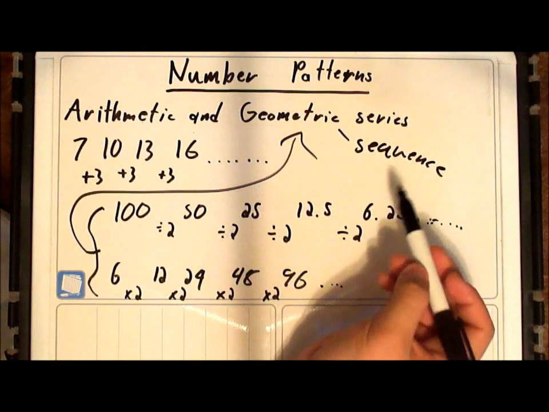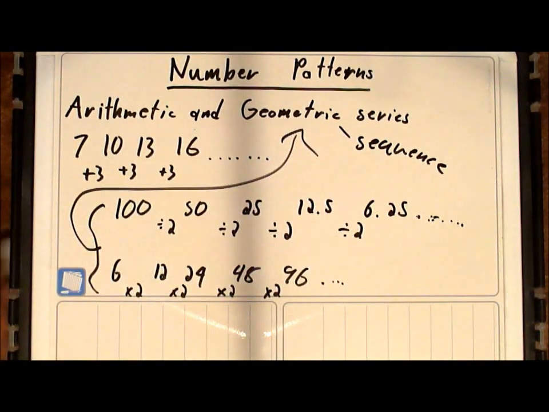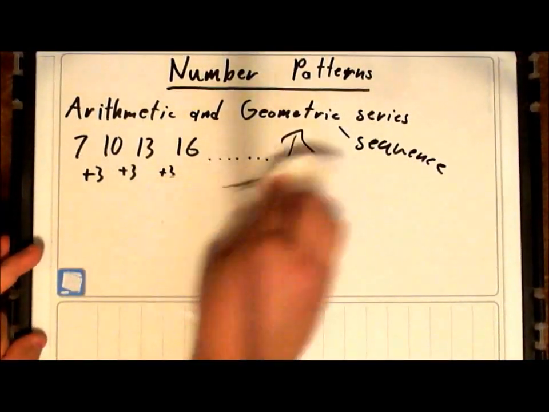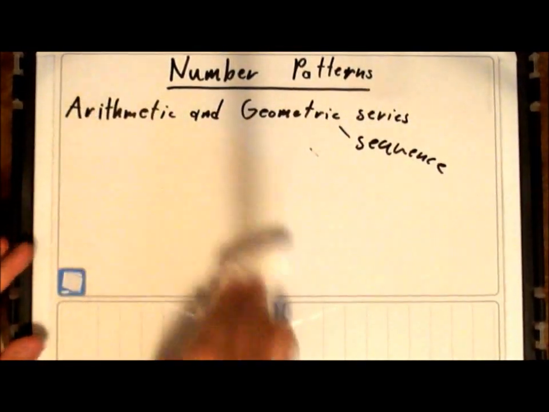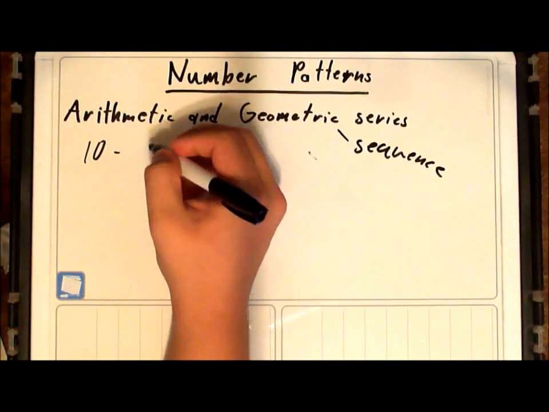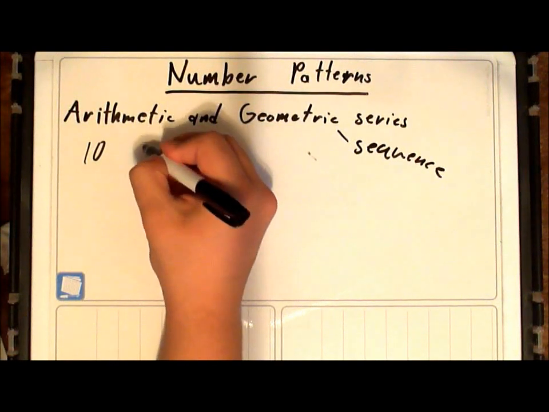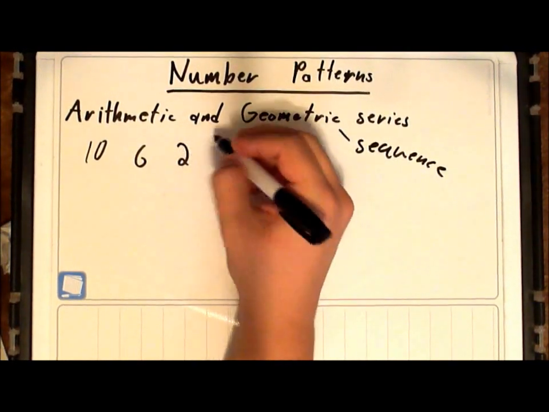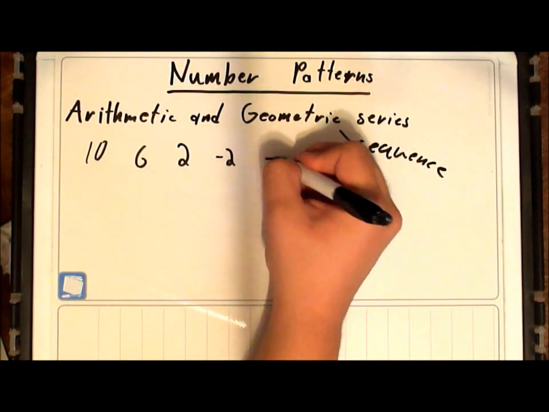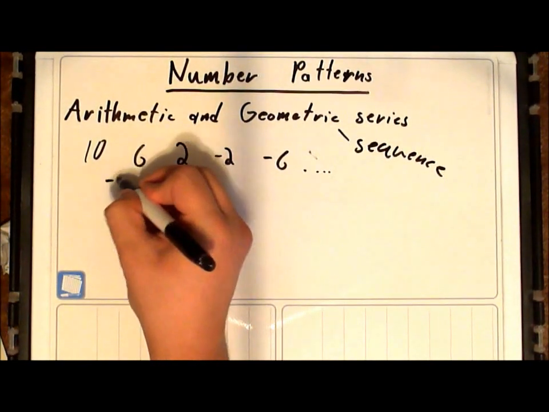Like I said as well, if you had 10, 6, 2, negative 2, negative 6, and so on, that would just be subtracting 4.